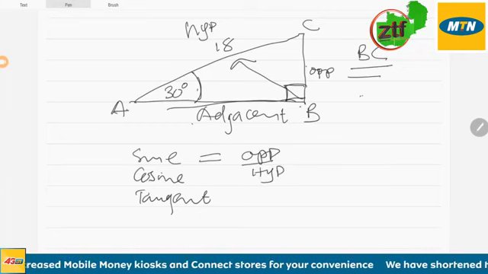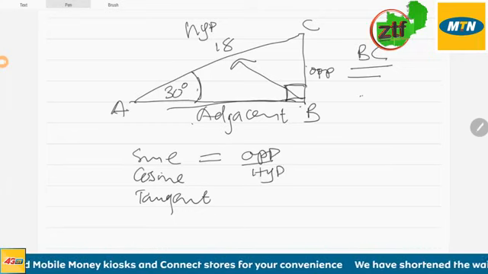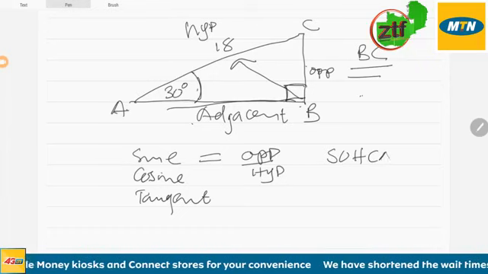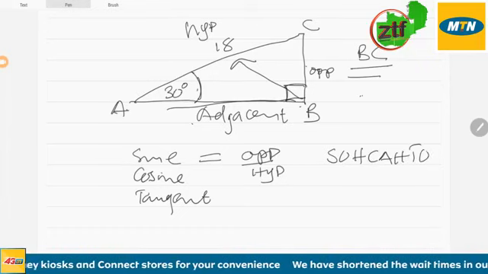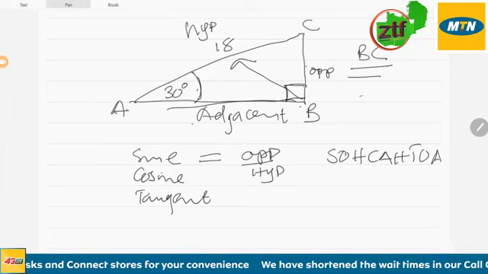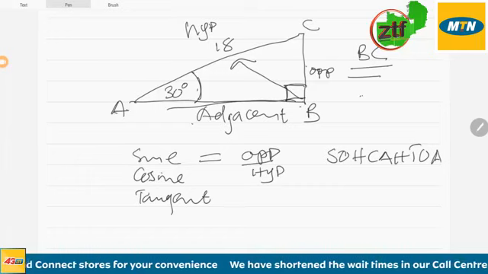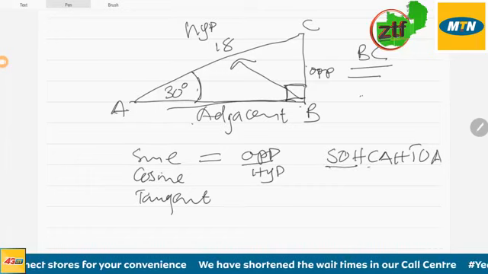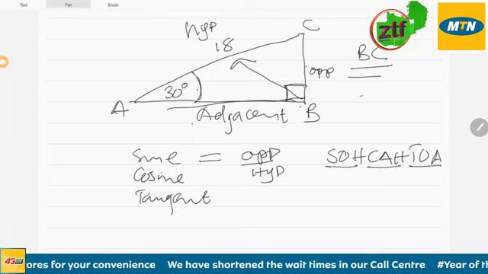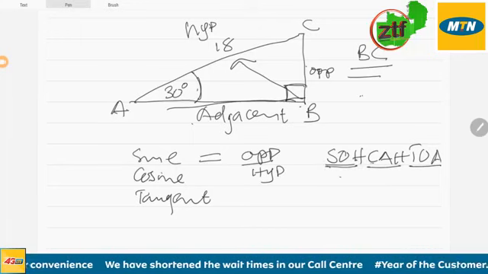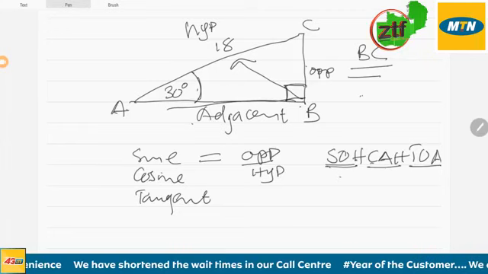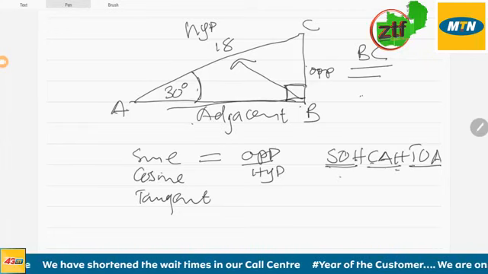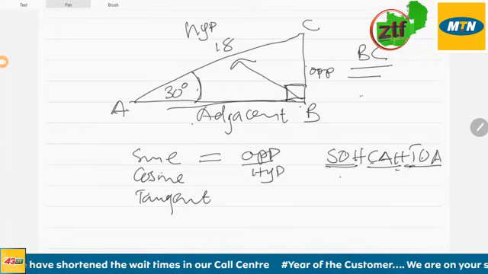I'm sure you're able to remember the mnemonic, which is called SOHCAHTOA. You remember this? I want to believe you remember this at school. Your teachers had taught you. So SOHCAHTOA, this is just a mnemonic standing for sine is opposite over hypotenuse, and cosine is adjacent over hypotenuse, and TOA, which is tangent, is opposite over adjacent.